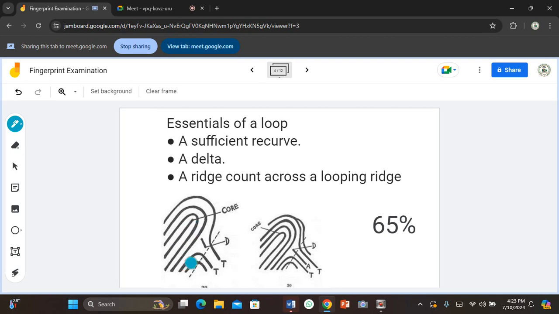So we start counting from this line, this ridge after the delta. This is 1, 2. So we have two ridge counts here. Now this one, after this one, we start counting here.